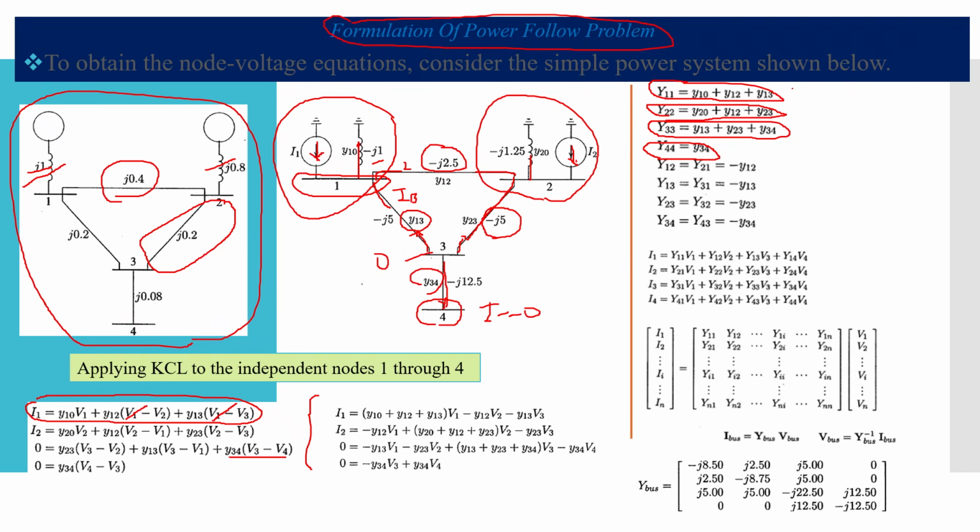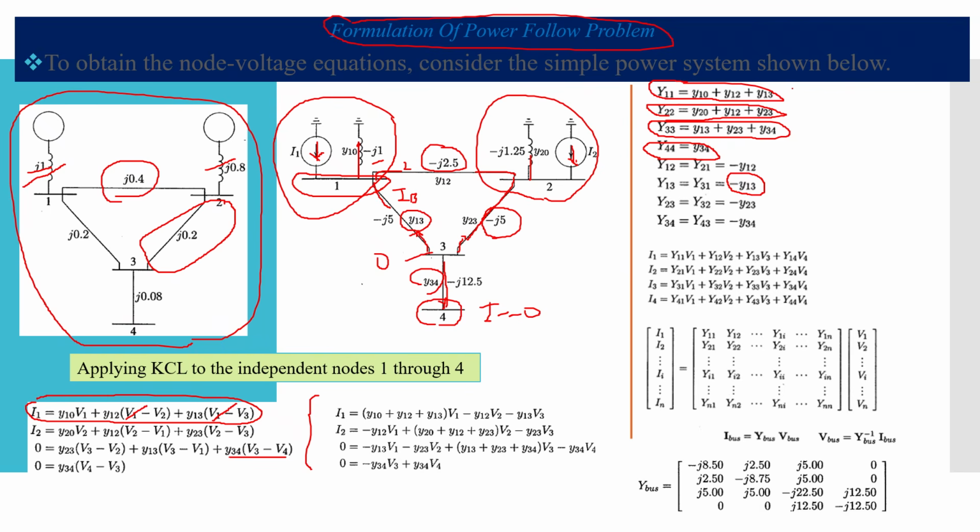Once we obtain the impedance of the transmission line, we obtain the admittance of the transmission line by taking the inverse of that magnitude. Then for the off-diagonal elements, Y13 is equal to Y31 as the negation of the line admittance, and Y31 is similar to this.